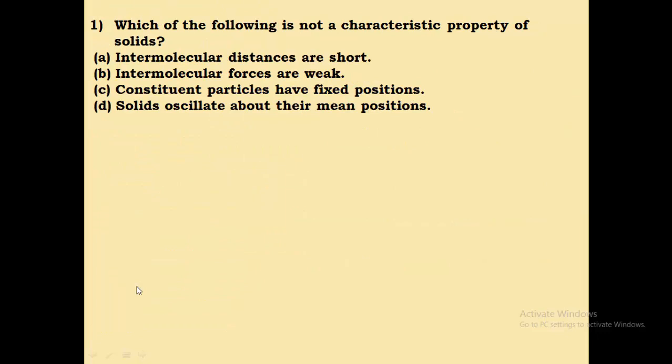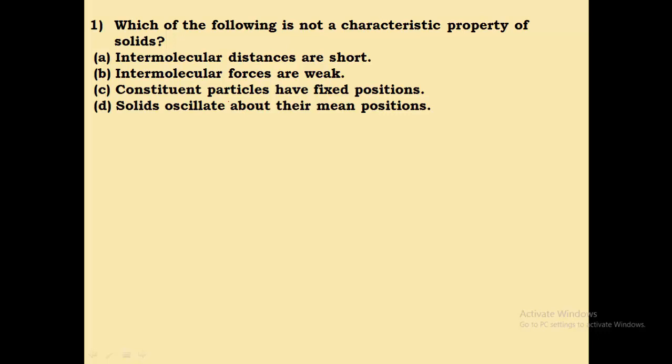Okay students, now we will solve the MCQs based on solid state. The first one is: which of the following is not a characteristic property of solids? Option A, intermolecular distances are short; option B, intermolecular forces are weak; option C, constituent particles have fixed positions; option D, solids oscillate about their mean positions.